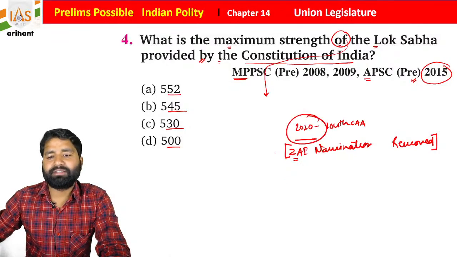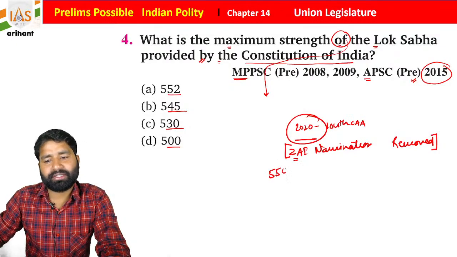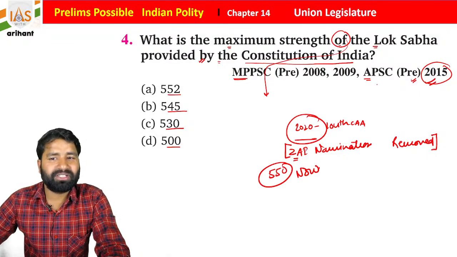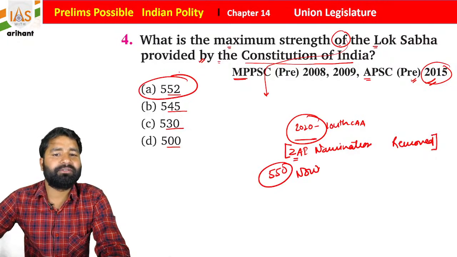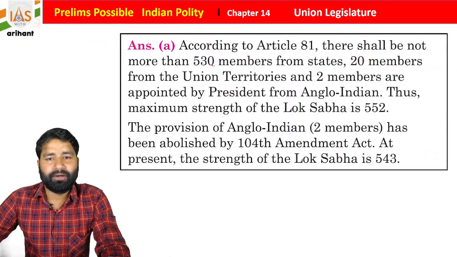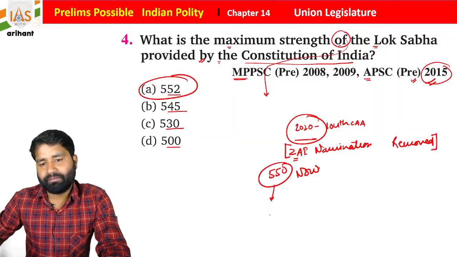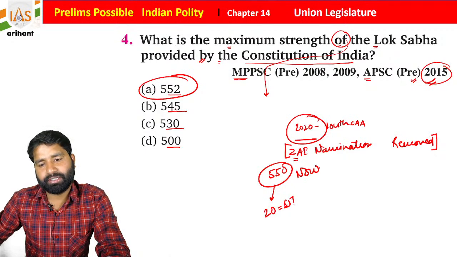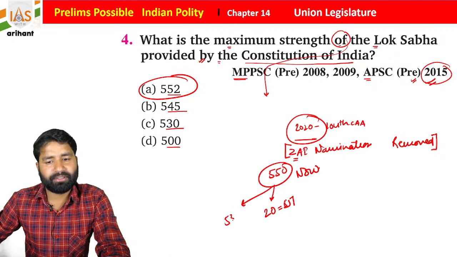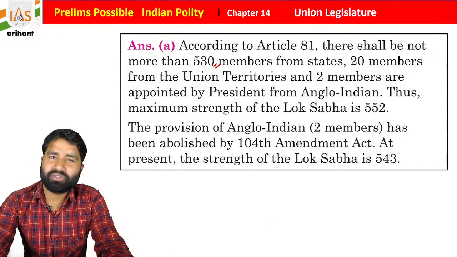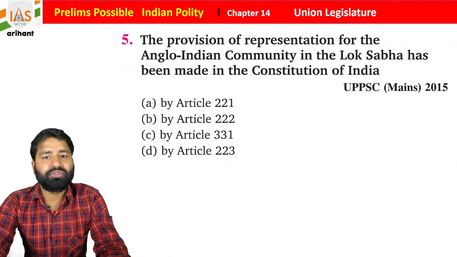And what we find, students, is that now the maximum strength can be 550, but this question belongs to 2015, 2008, 2009, so it was 552, students. Out of these 550, we all know 20 will come from the union territories, and 530 will come from the states. So just remember the data. And initially there were 2 Anglo-Indian members, but now they are not going to be appointed.